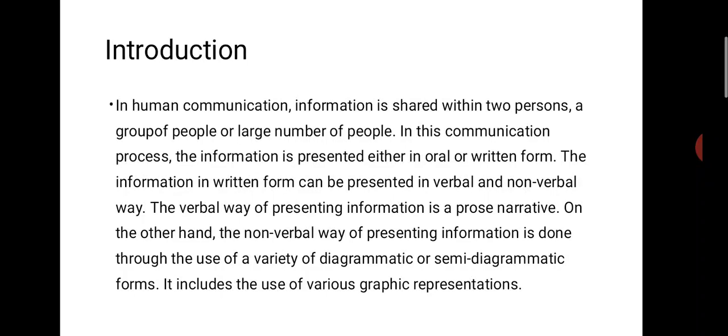In that way, you are going to learn this particular module of information transfer and interpretation of data.